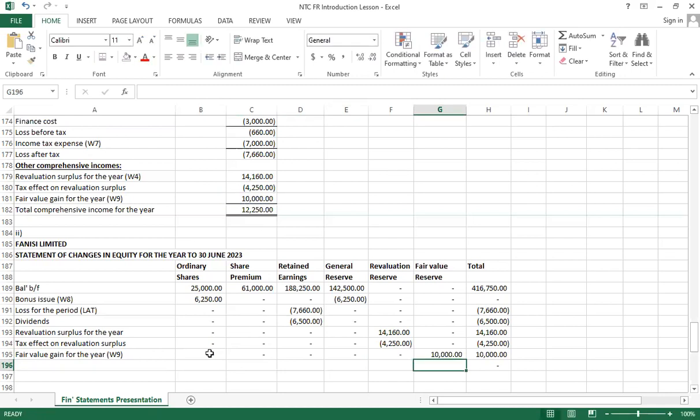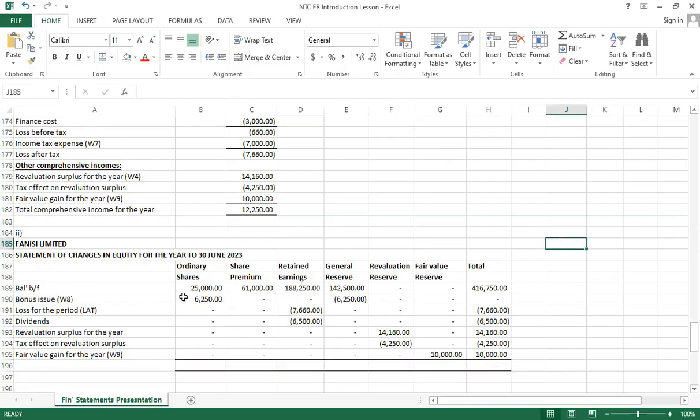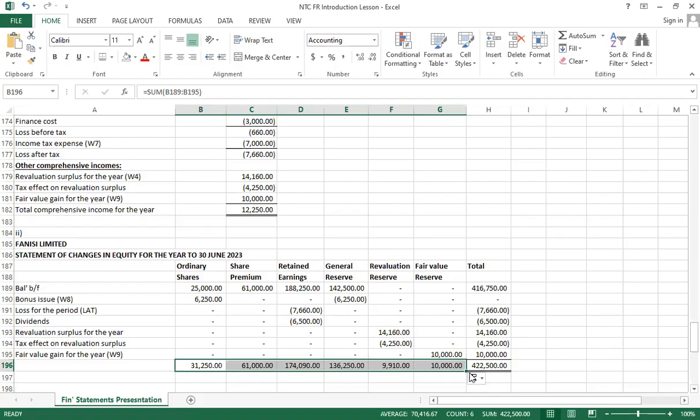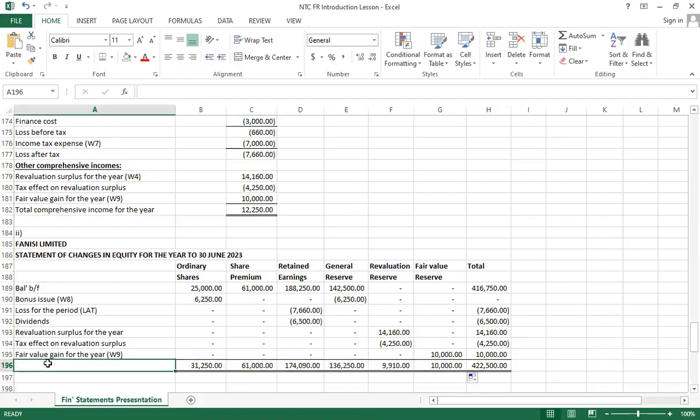And I think that that is it. If that is it, then we can add them downwards per column. Like now for the ordinary shares, we have 31,250. We do that to the last column. And so the values that we get here are the values carried forward.